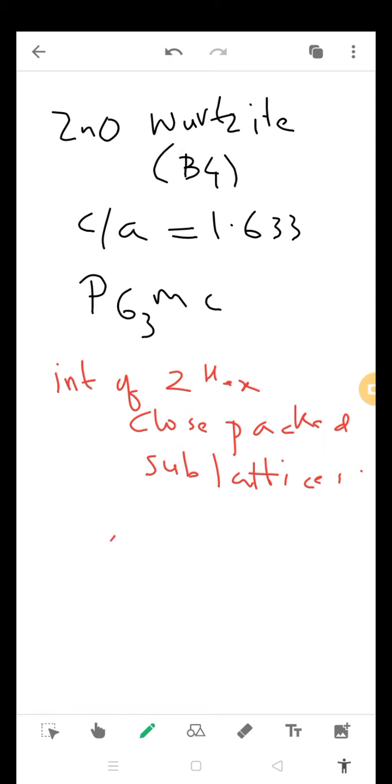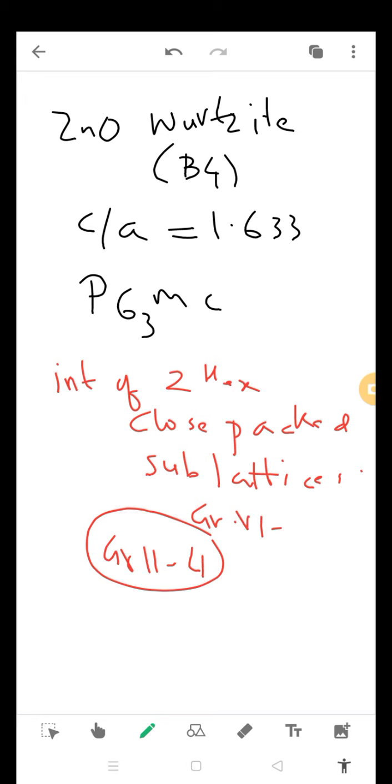So there are group 2, 4 atoms surrounded by group 6, 4 atoms. So there is zinc surrounded by oxygen, and vice versa.